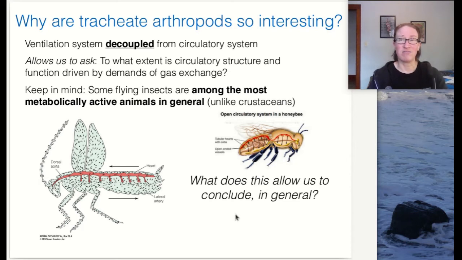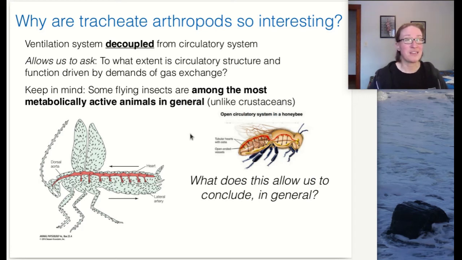It takes a lot of energy to squeeze a heart, squeeze other vessels. And these guys still do have structures that facilitate movement of fluid through their tissues. All right. So what we find when we examine circulatory function in the tracheate arthropods is that these guys have extremely sluggish circulatory systems. Okay?